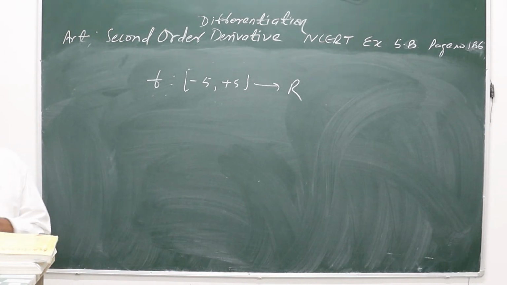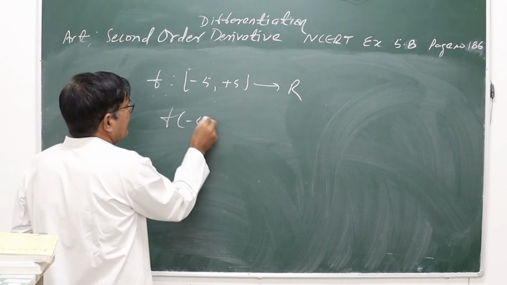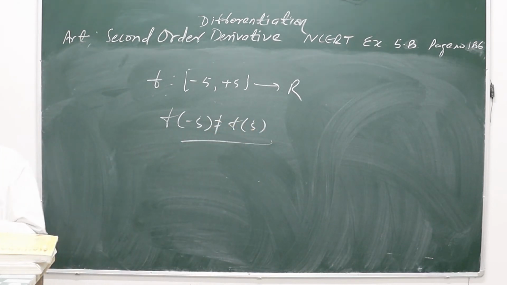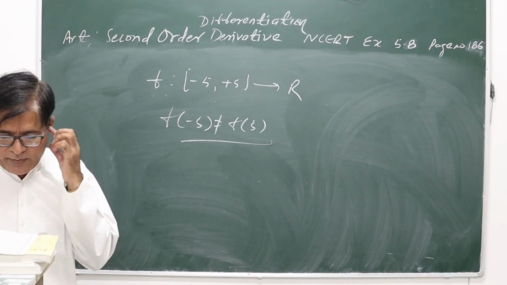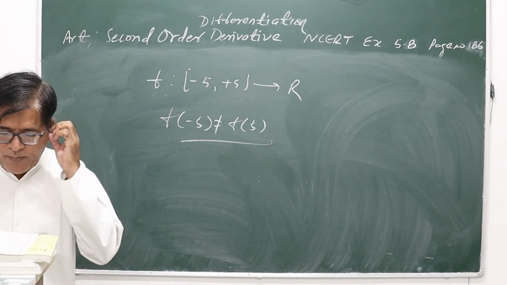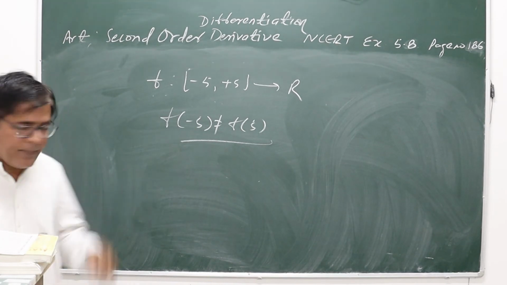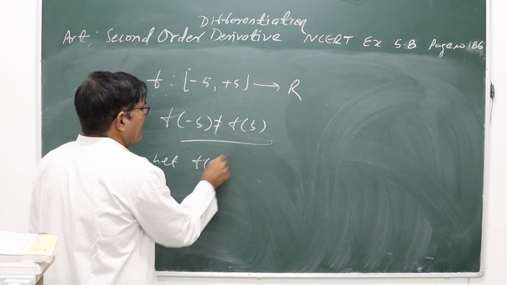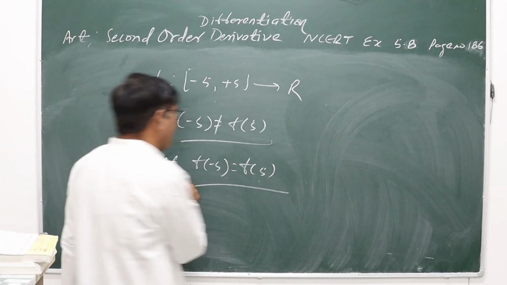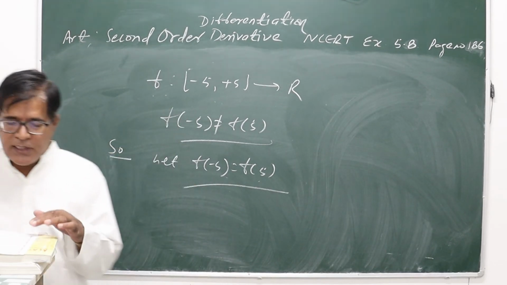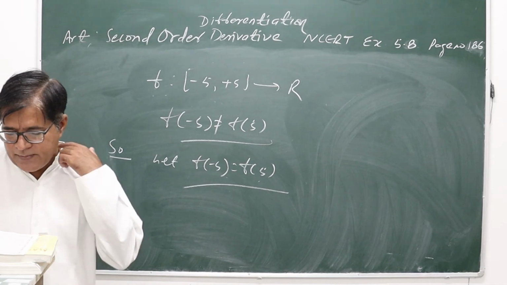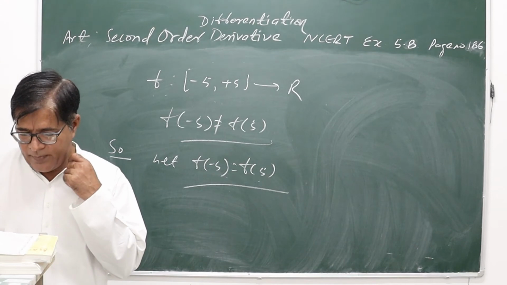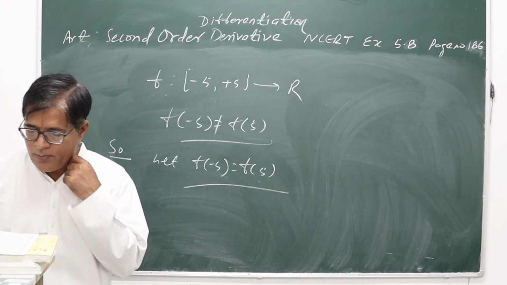Then prove that f of -5 is not equals to f of 5. ये अपने को प्रूव करना है. तो गिवन क्वेश्चंस के लिए क्या होगा कि let if we suppose f of -5 is equals to f of 5. अपन ऐसा मान के चले कि let f of -5 वो अगर f of 5 के बराबर है, if f of -5 is equals to f of +5, then f would satisfy all the conditions of Rolle's theorem.